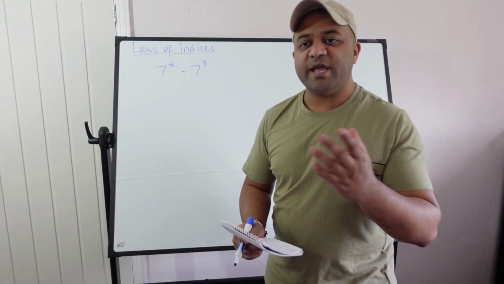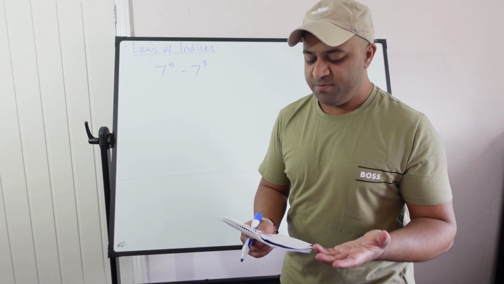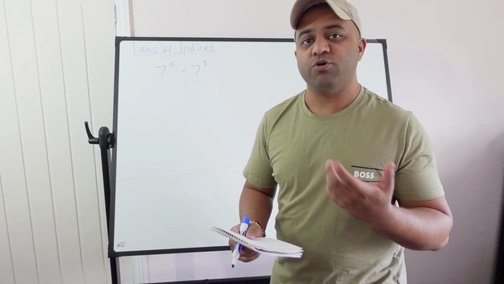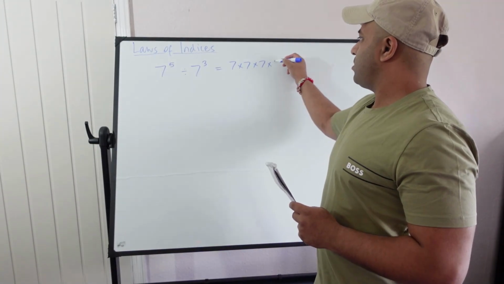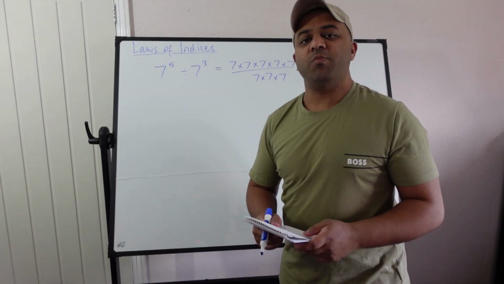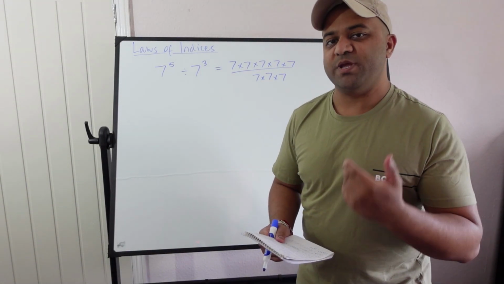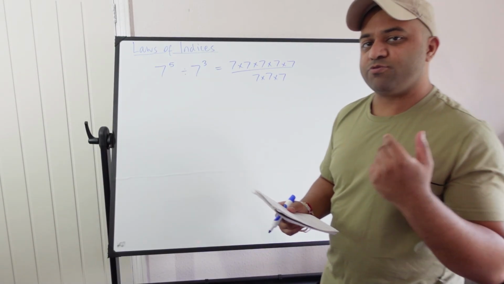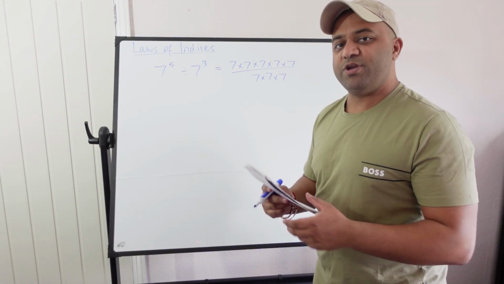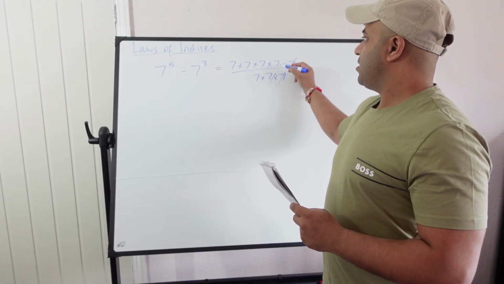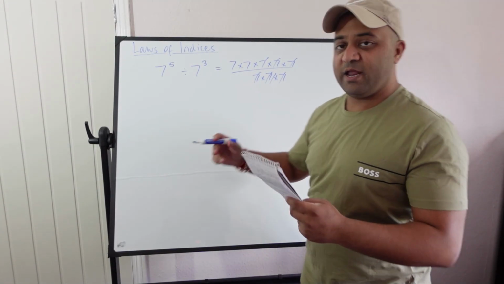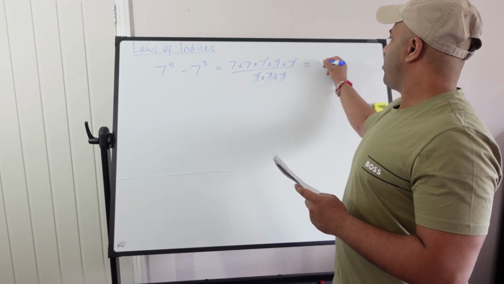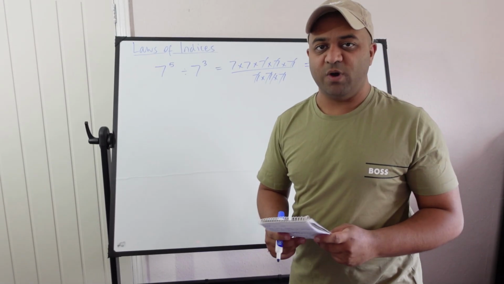Okay, in the second example, we have the same base of 7. Now we're doing division between them. So if we write it out in full, we could write it out like a fraction. So when we do division, with fractions, we can cancel numbers on the top with numbers on the bottom. So if we cancel out 3 number 7s on the top and 3 number 7s on the bottom, we can get a remaining 7 times 7, which is simply 7 squared.